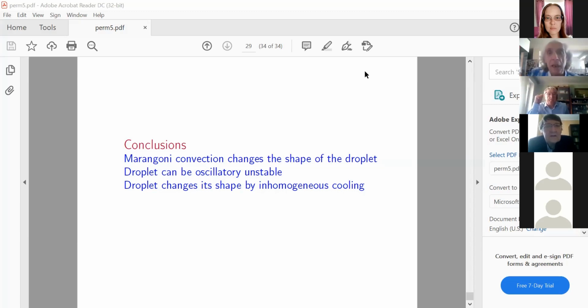Well, the effects are similar, but in the real experiments, one cannot ignore the Rayleigh convection. The buoyancy convection is together with Marangoni convection. If we solved a real three-dimensional problem by DNS, we would definitely include the Rayleigh convection.